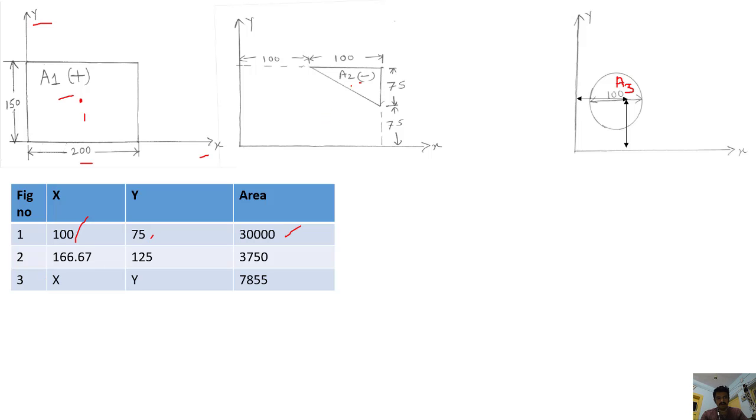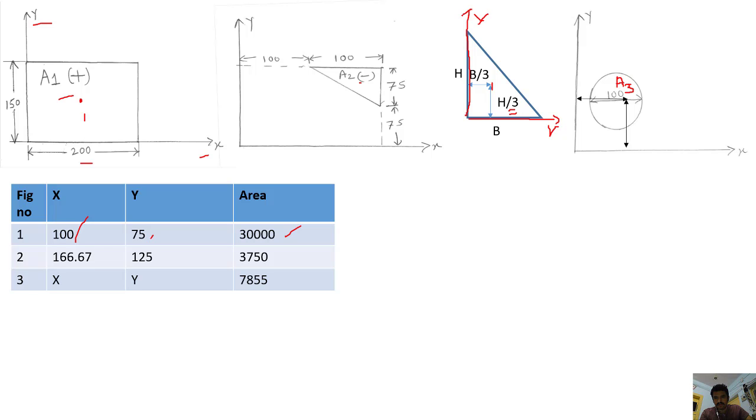Then for the second figure, this right angle triangle, the standard formula is like this. If this is side b, the centroid will be b by 3 from this side, and if this is height h, then from the base it will be h by 3. Here is our x axis and here is the y axis.